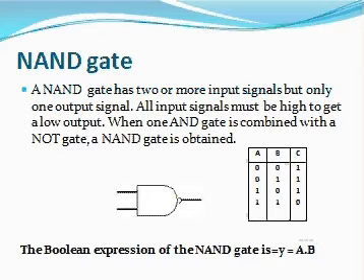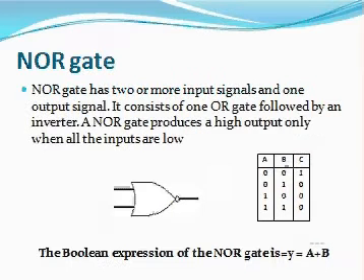Two gates are known as universal gates. They are the NAND gate and the NOR gate, because any kind of logic circuit can be designed using only these two gates. So they are known as universal logic gates. A NAND gate is nothing but the combination of an AND gate and an inverter, and it is the reverse of the AND gate. When all the inputs are high, its output goes low.